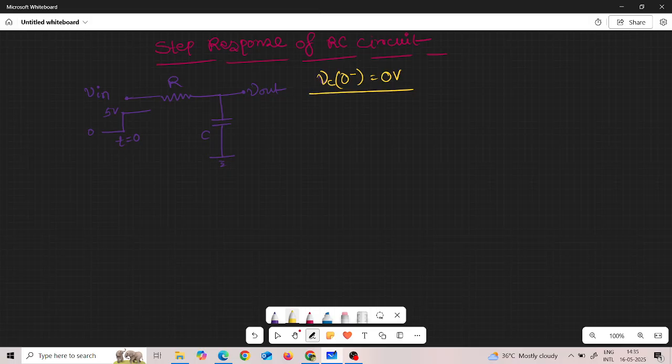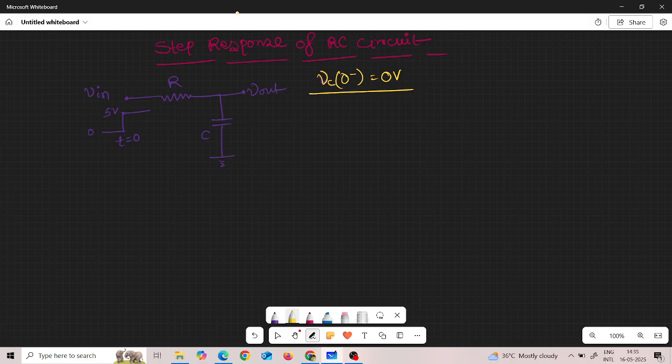So now let's analyze this circuit. Before analyzing this circuit, we have to know the property of a capacitor. The capacitor can't change its voltage instantaneously.